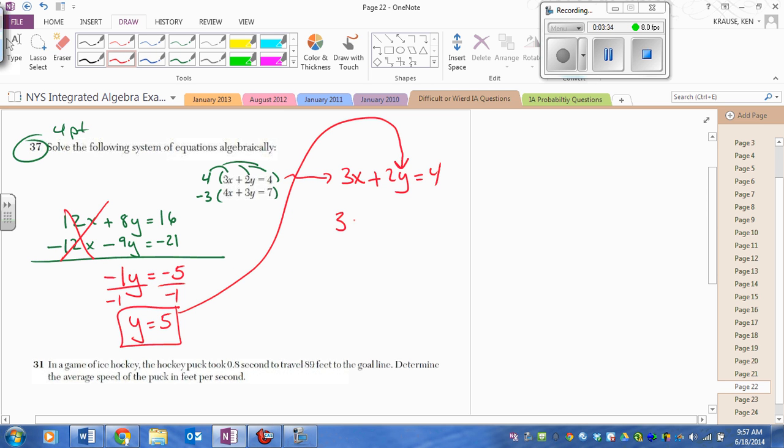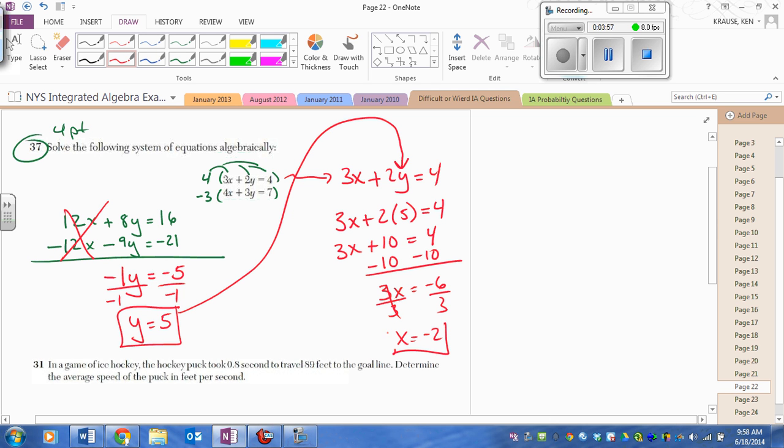So you get 3x plus 2 times 5 equals 4. Or 3x plus 10 equals 4. Subtract 10. Subtract 10. Negative 3x equals negative 6. Divided by 3. Divided by 3. Negative x equals negative 2.